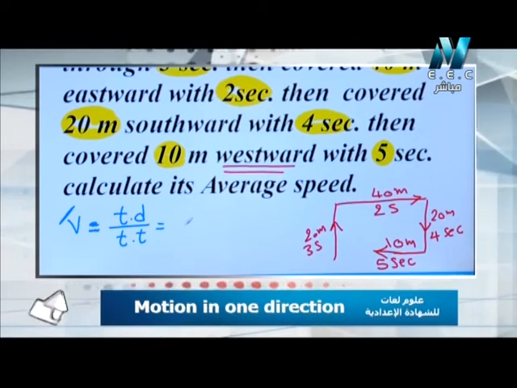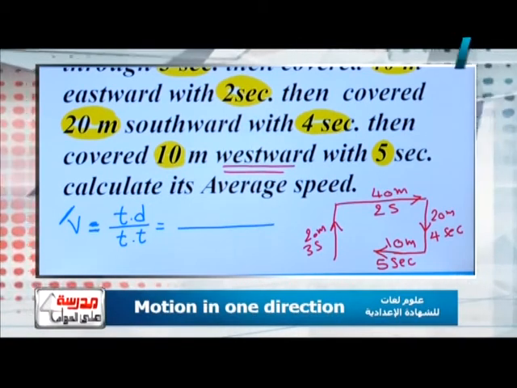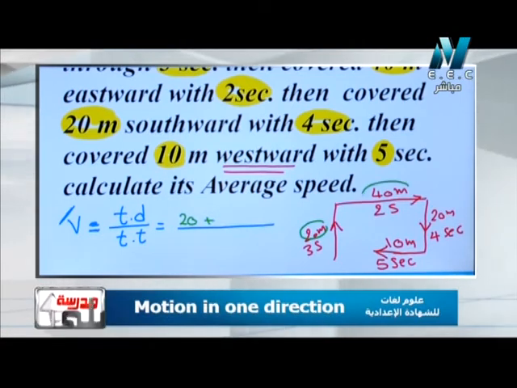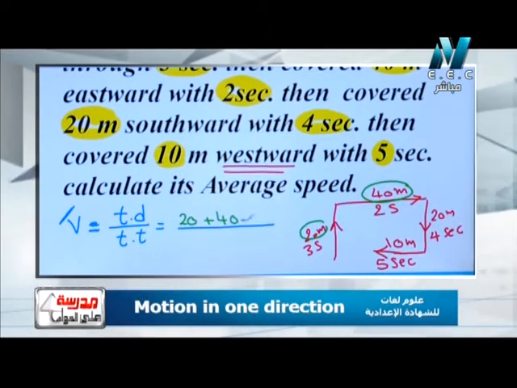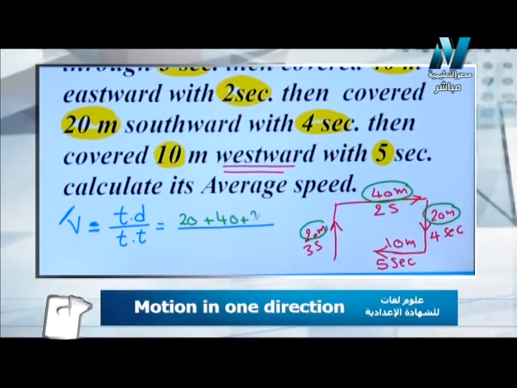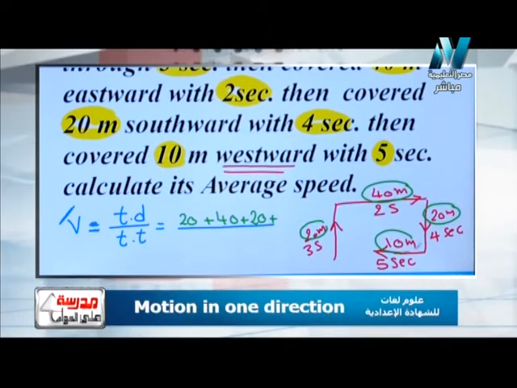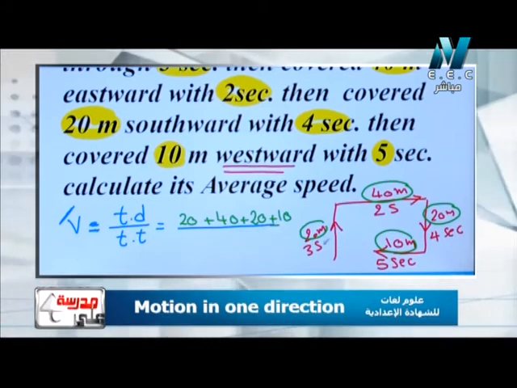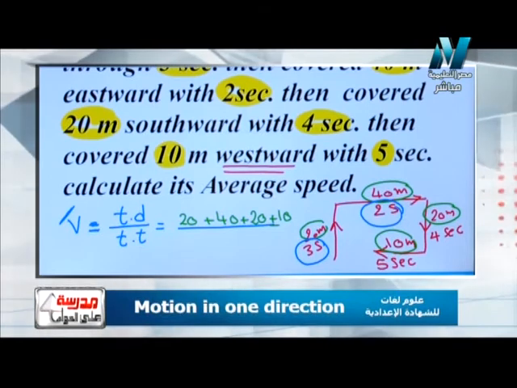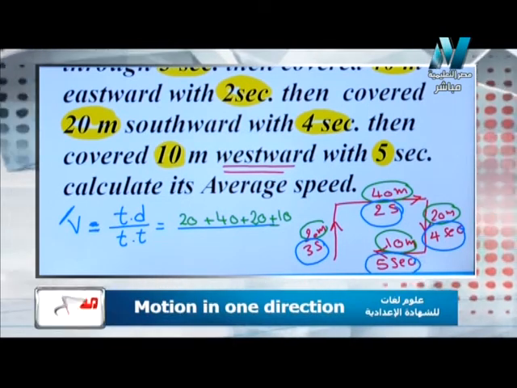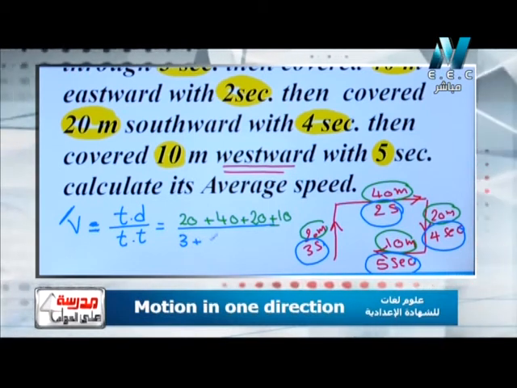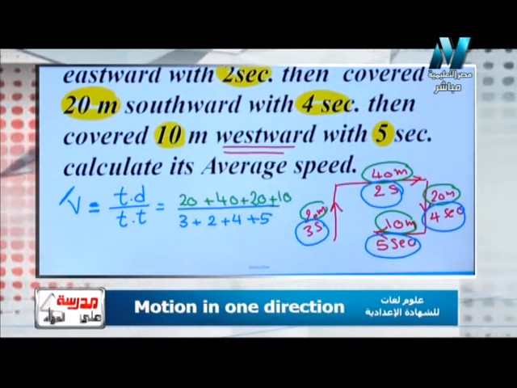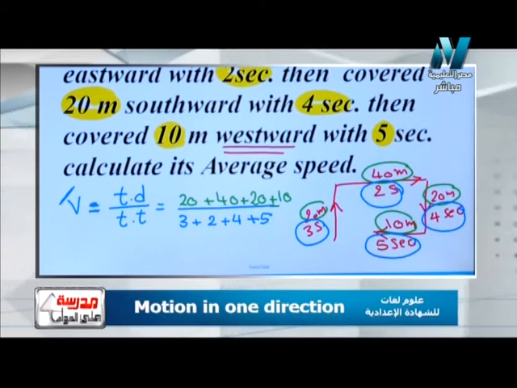We have total distance covered: 20 meters plus 40 meters plus 20 meters plus 10 meters, over the total time: 3 seconds plus 2 seconds plus 4 seconds plus 5 seconds. We can calculate by using the calculator or by using your mind.